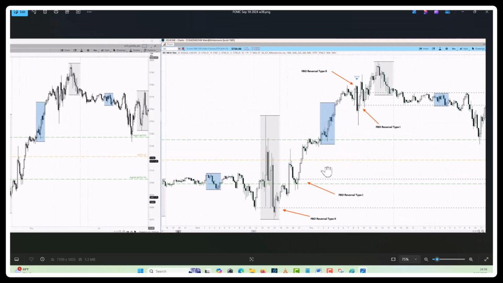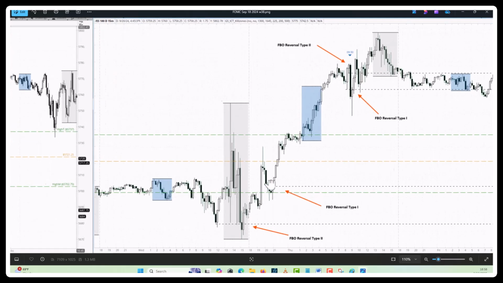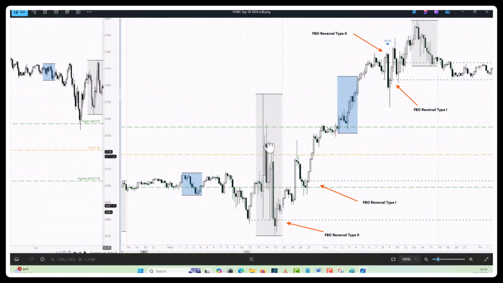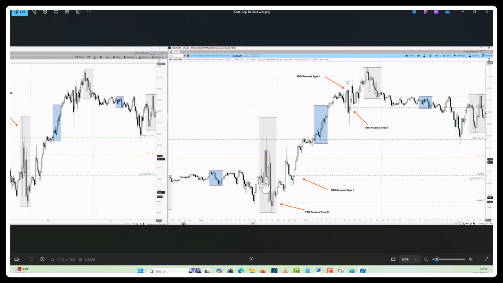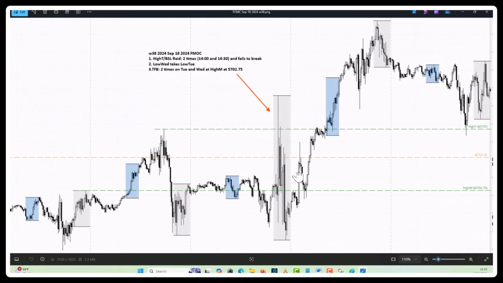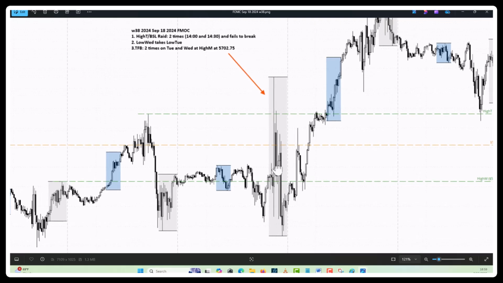And here is how it plays out on the Thursday. So on the Thursday we see that it's a little bit hard to trade.